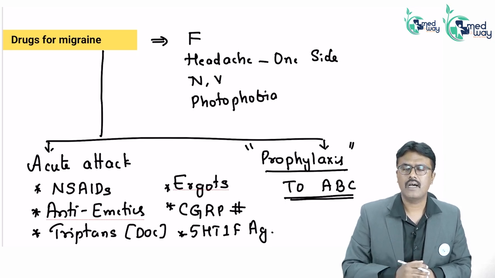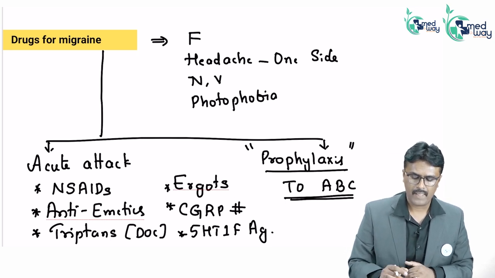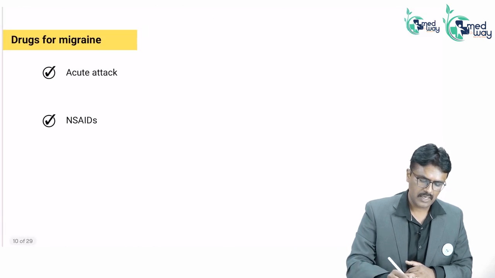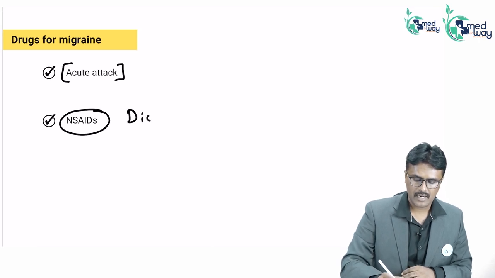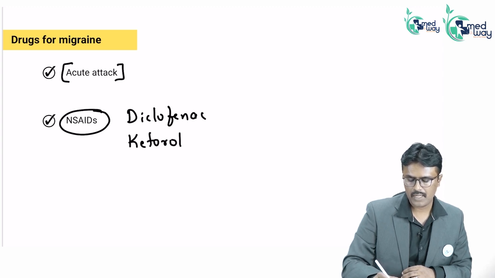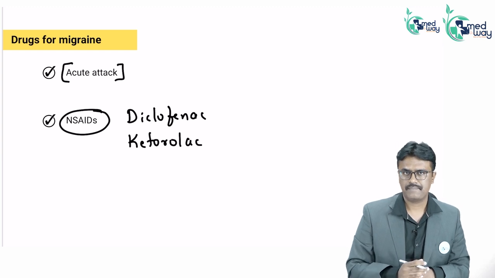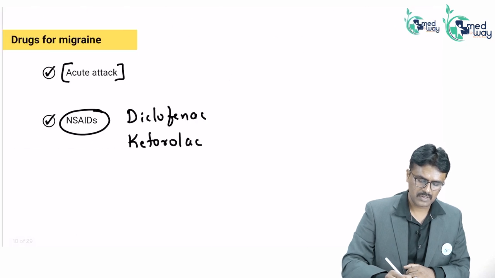First of all, let us see the acute attack of migraine. Whenever there is an acute attack of migraine, what we start is an NSAID. For example, we can give the drug called diclofenac or ketorolac. So these are going to take care of the pain. The next thing we have to do is use certain antiemetics.